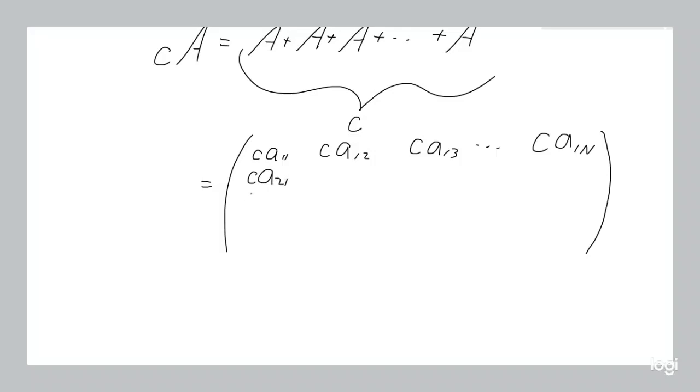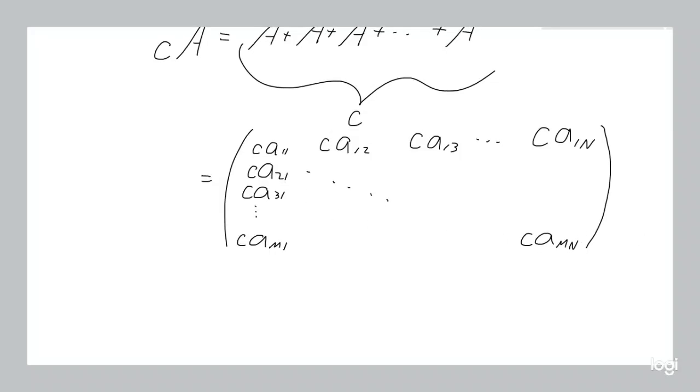Second row first column, third row first column, A mth row first column, and so on, including that bottom right entry, C times A, mth row, nth column.